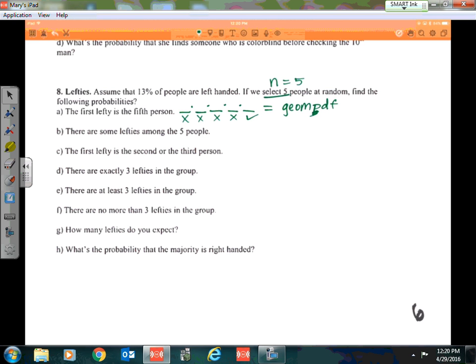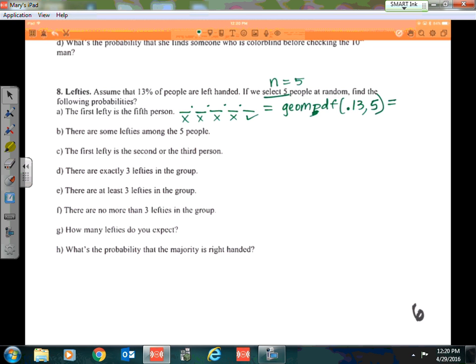So geometric PDF, in order to put the first success in a particular place, what you put in here is the success and where you want that placed. So I want the 13% to occur in the fifth spot, and that's how you could do that also in your calculator. Okay?